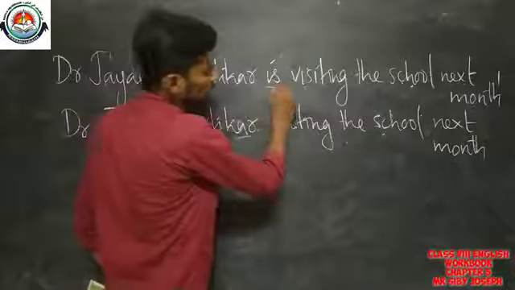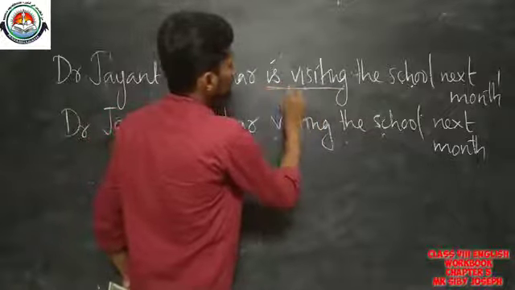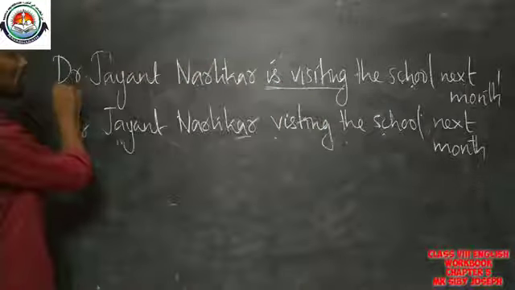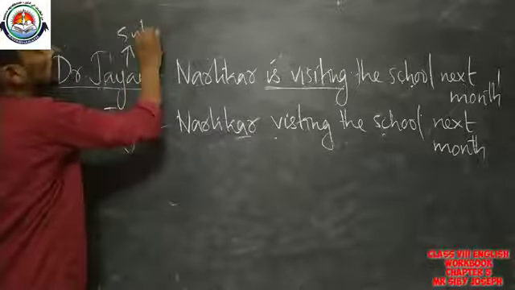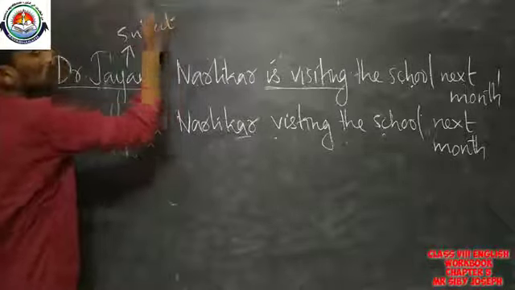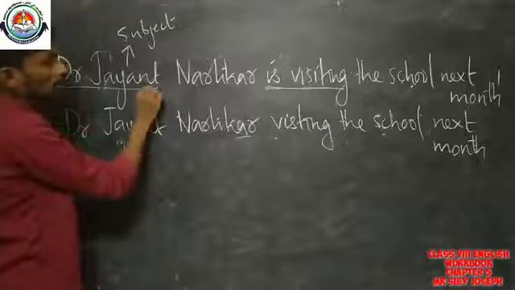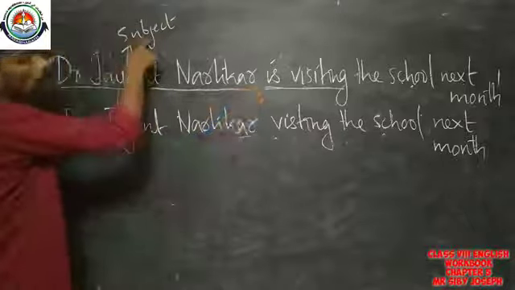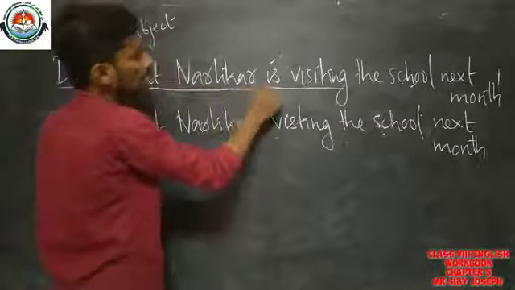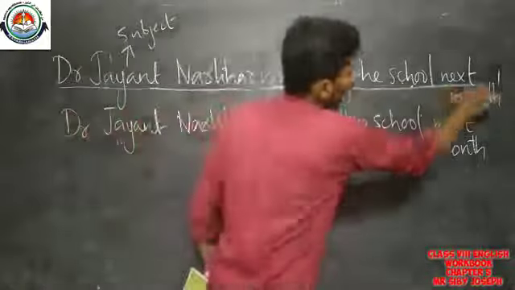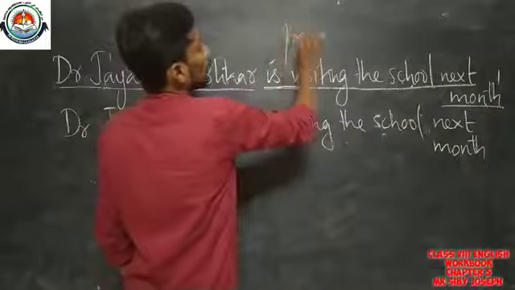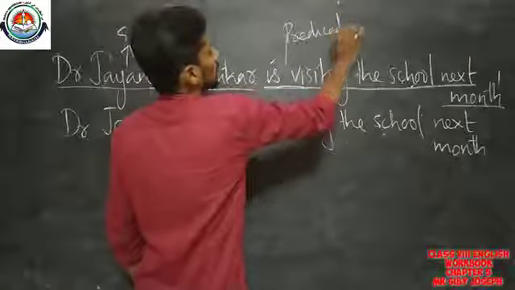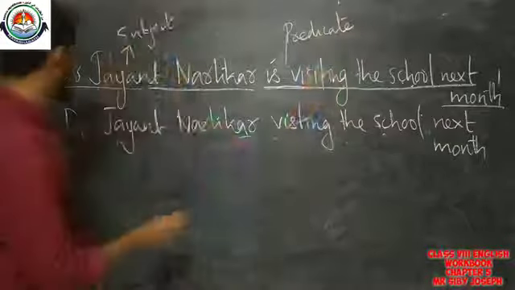Look at the first sentence. Dr. Jayanth Narlikar is known as the subject in this sentence, and is visiting the school next month is known as the predicate in the sentence. And look at the next example.